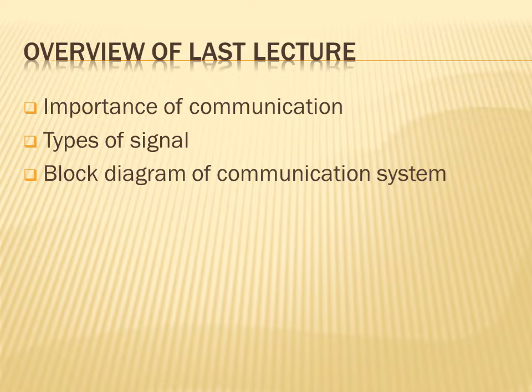Then the electrical equivalent of the signal is given to the output transducer, which converts it into the original information. CRT and loudspeaker are examples of output transducers. This is the block diagram of communication. These points were seen in the last lecture.